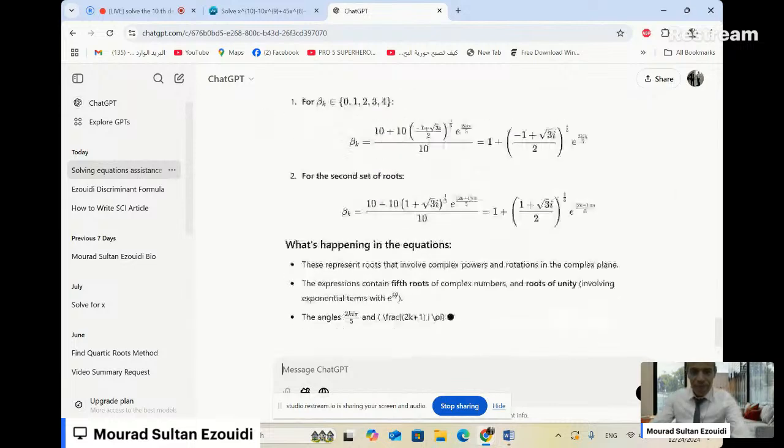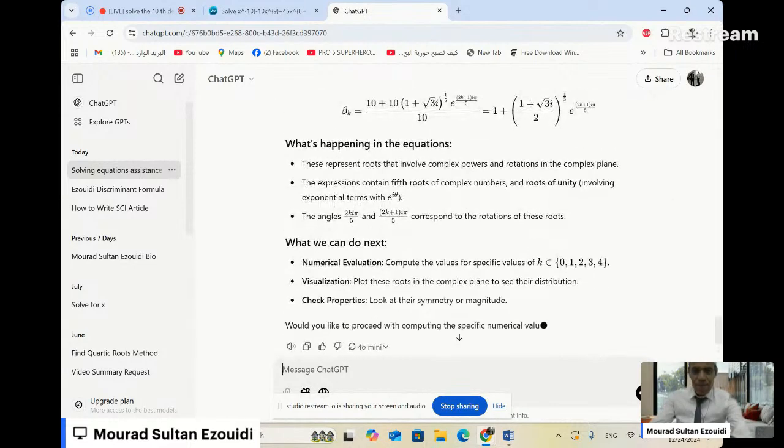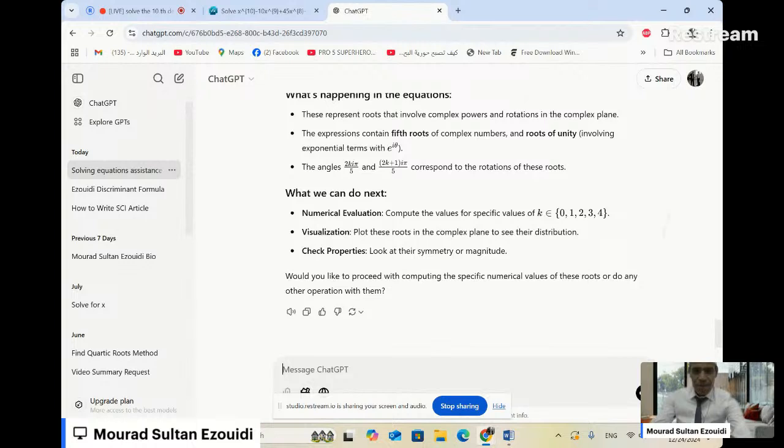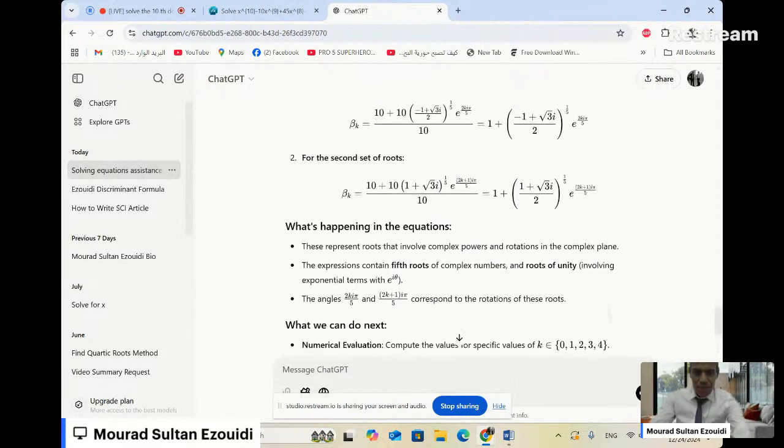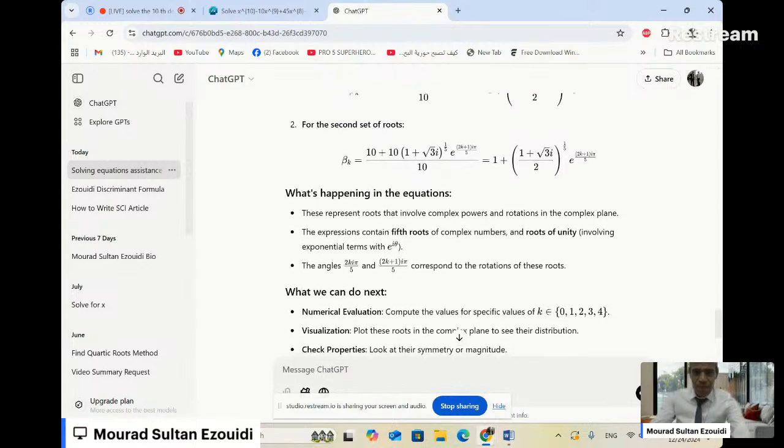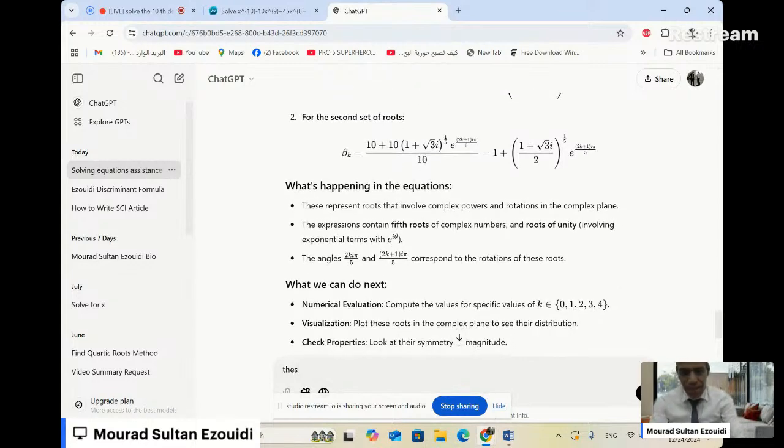What's happening in the equation? Corresponds to the relation to these roots. So these are the roots, check. These are exact roots.